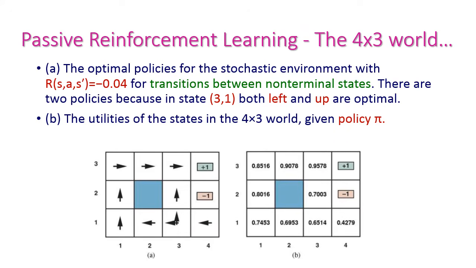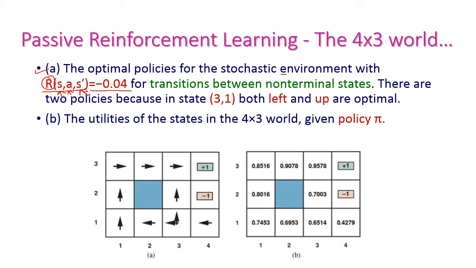Here we have two diagrams, A and B. The first diagram explains the optimal policies for a stochastic environment with R of s comma a comma s dash equal to minus 0.04. That means the reward for the current state and the action, which gives s dash, the expected new state.